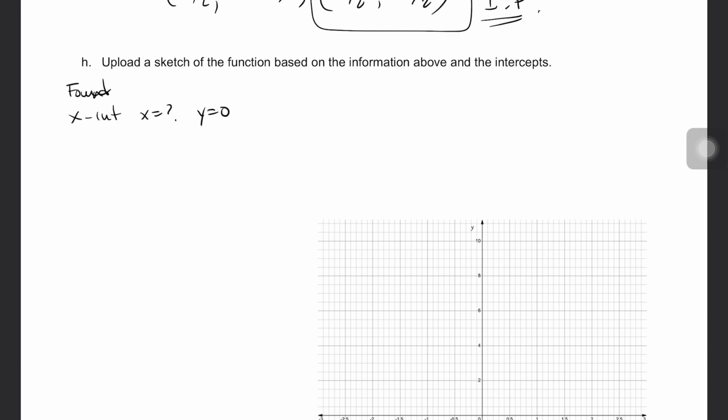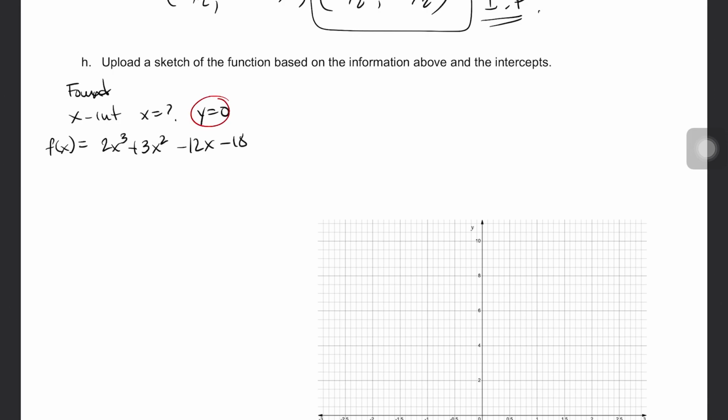So if you have the function in front of you, the original function tells us that we have 2x cubed plus 3x squared minus 12x minus 18.